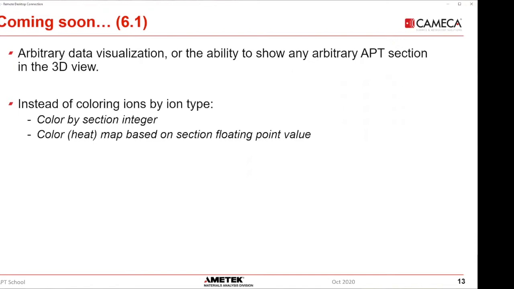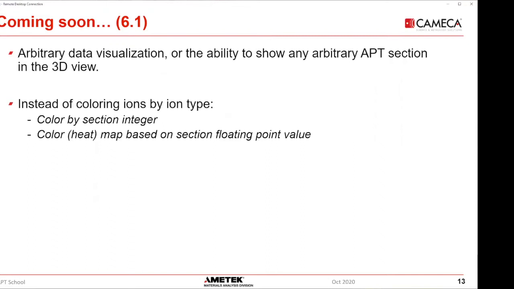So if you wanted to color by multiplicity, for instance, you could say, if it's the first hit, you can make it red. If it's the second hit, you can make it blue. Or let's say you did some cluster finding and you have a different integer for each cluster, so you have a new column called cluster ID. You can color your clusters based on their ID.